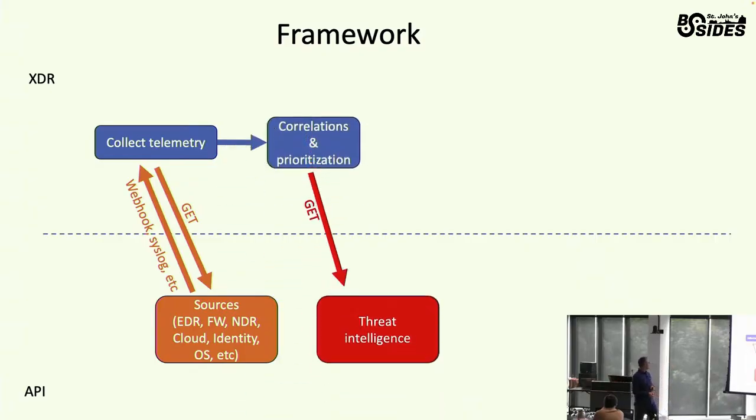And then the second part is how do we correlate and prioritize all these different incidents, right? I don't want to give to my security analysts all these different security incidents at once, right? I want to make sure that they are looking at the one that matters to them. And to be able to do that, typically, I will reach out to an API service or to a threat intelligence service, right?